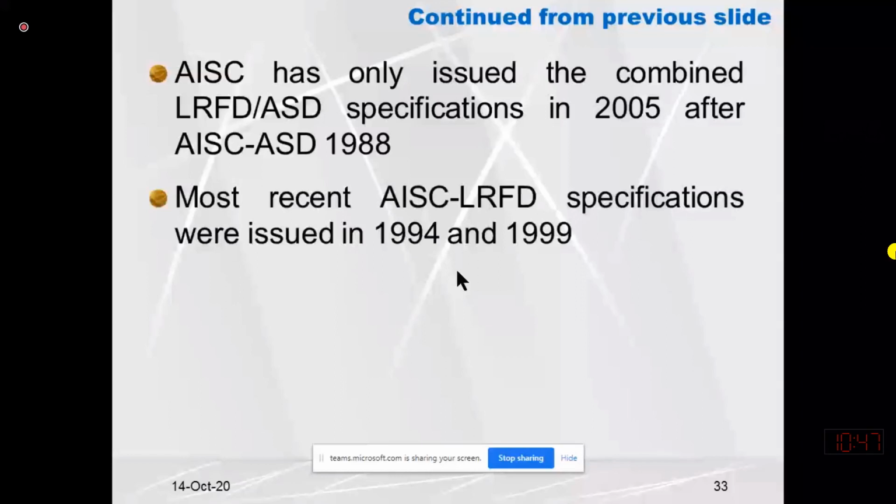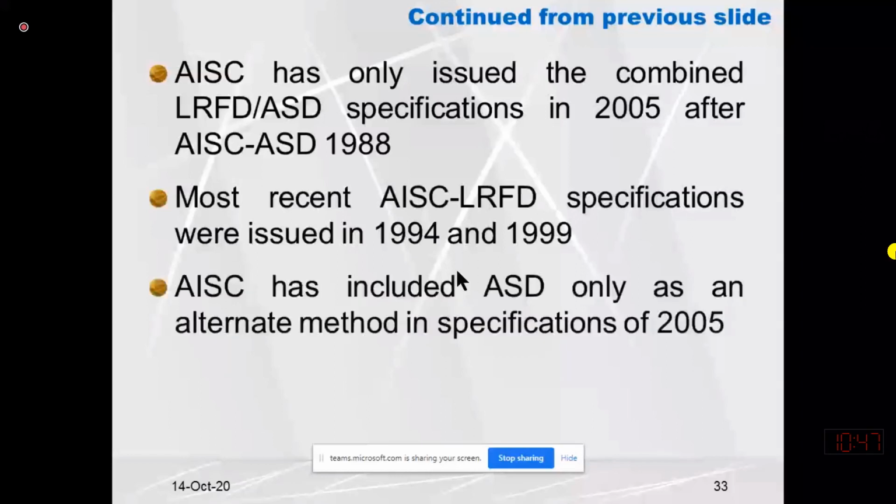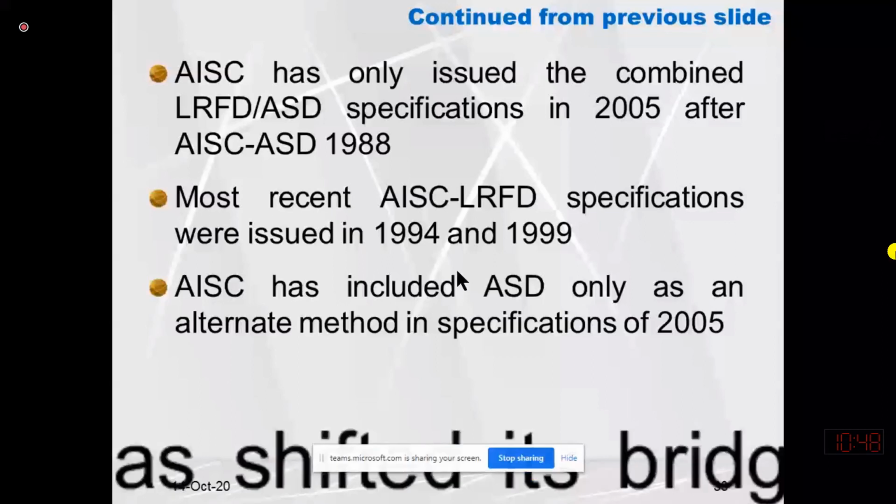AISC has included ASD only as an alternate method in the specification. So in the 2005 specification, the basic design method was LRFD, and ASD was just a second option or an alternative method. AASHTO has shifted bridge and other design to LRFD completely.